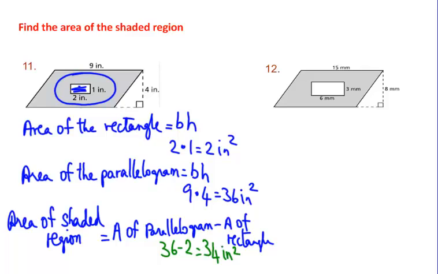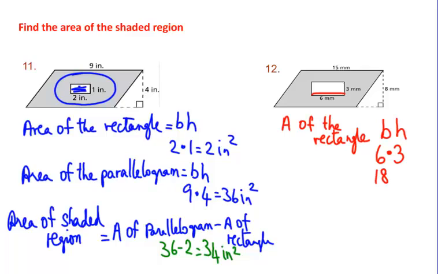Let's do one more example of the same kind. In this case, again, the area of the rectangle is given by the formula base times height. My base of the rectangle is 6. The height of the rectangle is 3. 6 times 3 is 18. Unit is millimeter square.